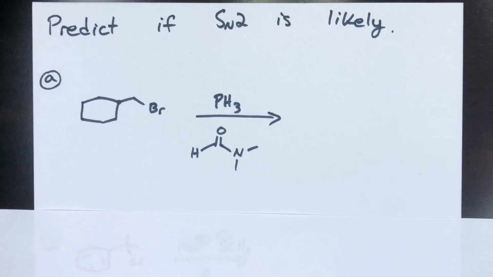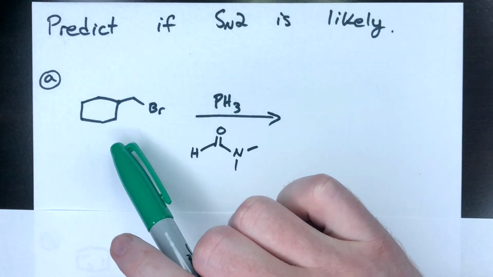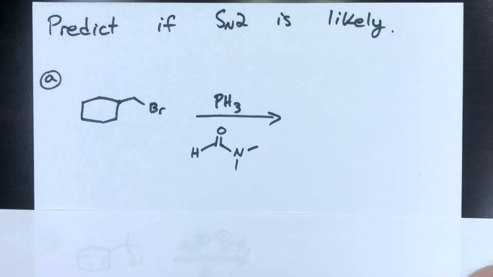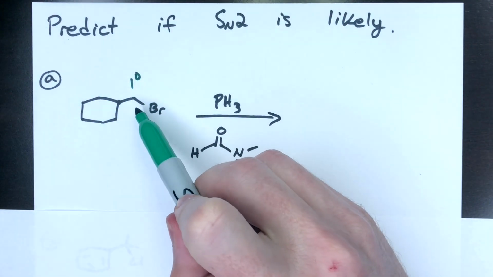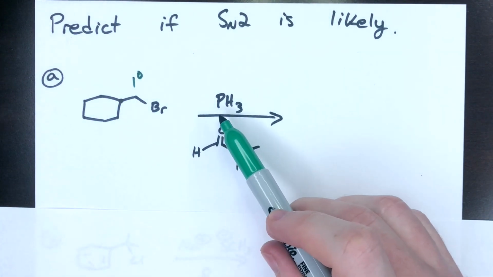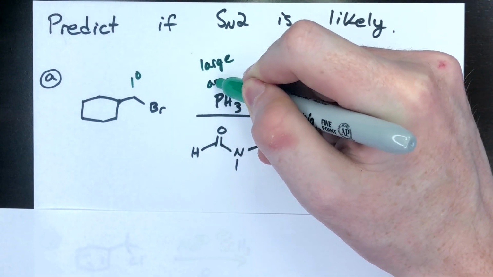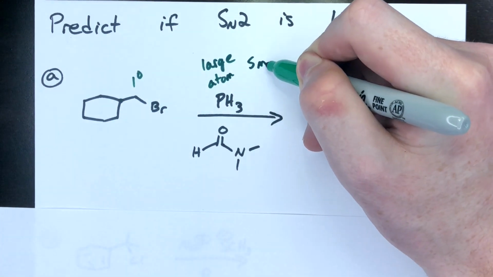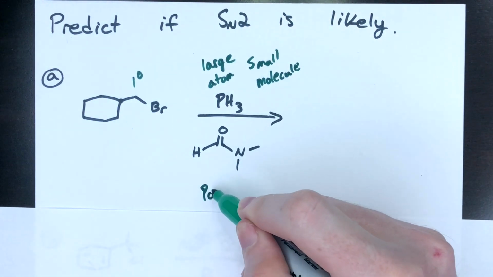All right, the last set of questions will tie all of this together to predict if SN2 is going to be a likely mechanism for a series of reactions. So first, let's look at our electrophile in question A. We have a primary electrophile here because it's only bound to one carbon, this one down here. And then we have a phosphorus, PH3. Phosphorus is a large atom, and this is a small molecule because it's only substituted by hydrogens, and this is a polar aprotic solvent.